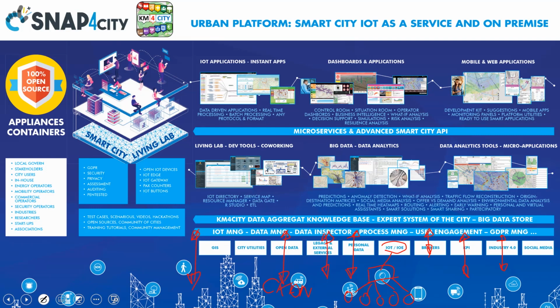So all functionality related to the results of these analytics and the former data that are ingested into the system are made available according to the privacy rules, through the advanced Smart City APIs for web and mobile applications, for dashboards, and through microservices also for workflow design in terms of IoT application, as mentioned before.